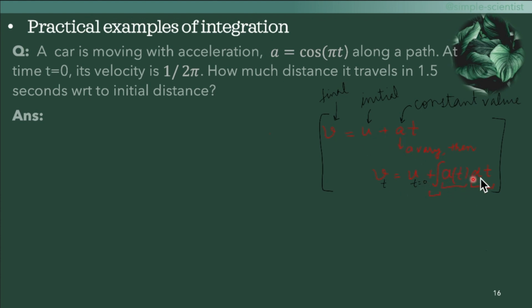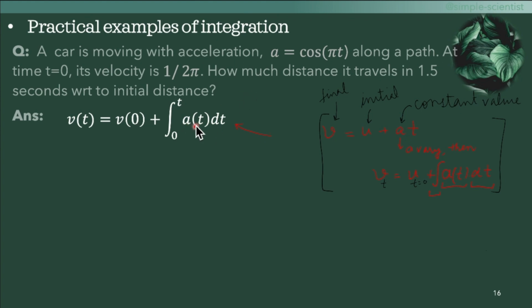Here, for a small change in time dt, the acceleration would be a of t, with the integral of this term. So use this formula and we get v of t, the velocity at time t, equals the initial velocity plus the integration from 0 to time t of the acceleration, which is time dependent, multiplied by dt.